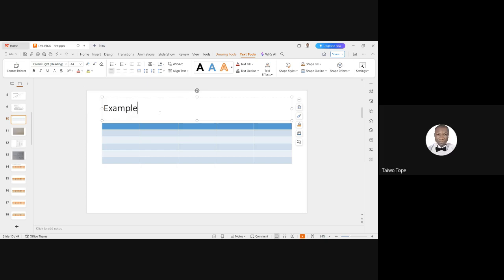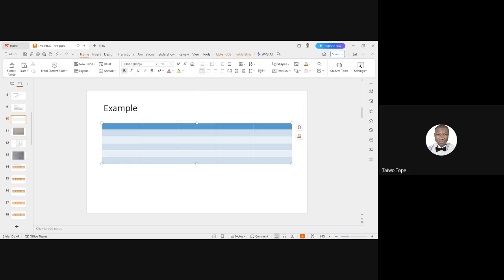We can have this example. We can have alternatives. We can have a growing economic condition. We can have declining economic condition.